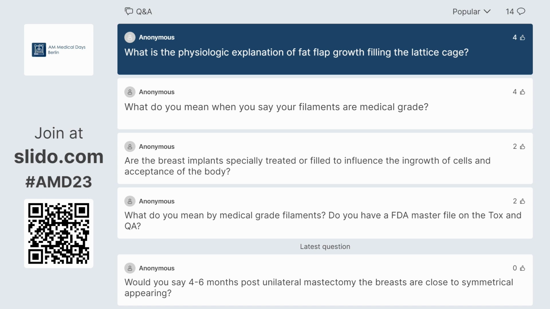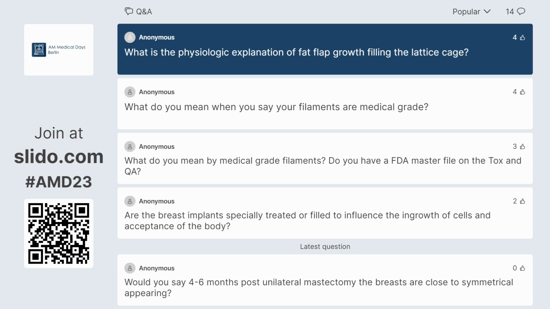This layer of connective tissue contains inflammatory cells that produce angiogenic and adipogenic factors that diffuse through the implant, and they feed the fat flap.